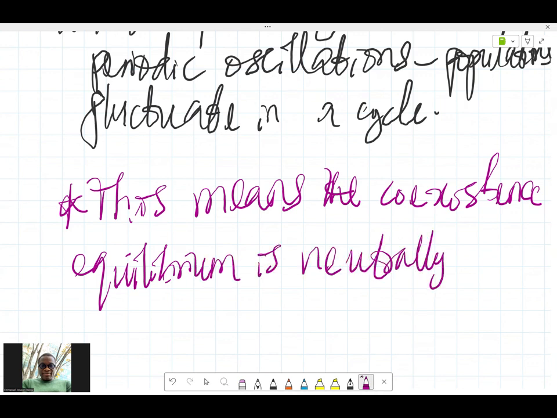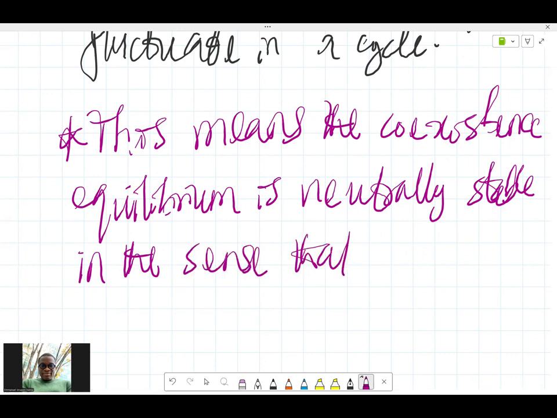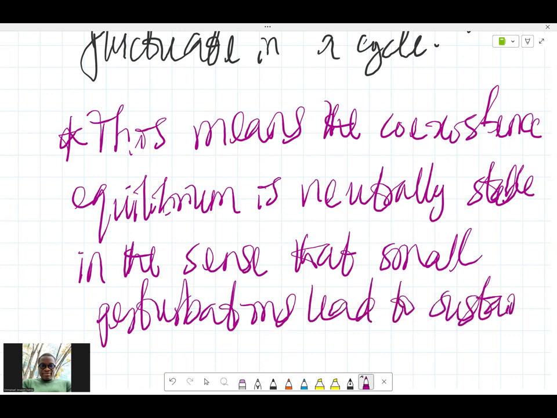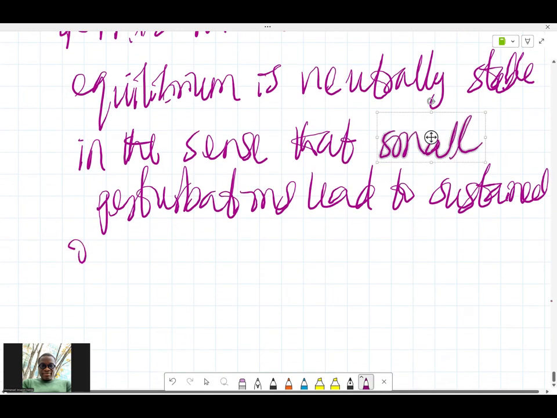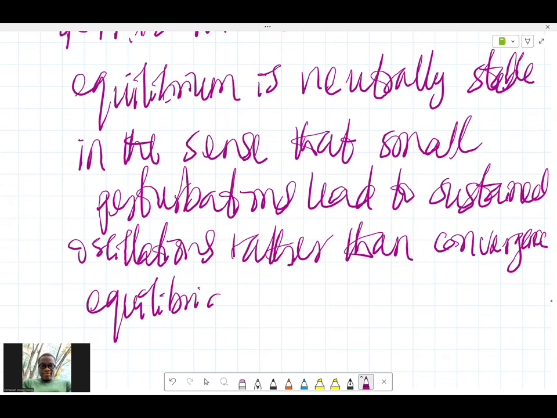It is neutrally stable in the sense that small perturbations lead to sustained oscillations rather than convergence to equilibrium. What we had for the chemical reaction was convergence to equilibrium, because it's clear that V dot was strictly less than zero.